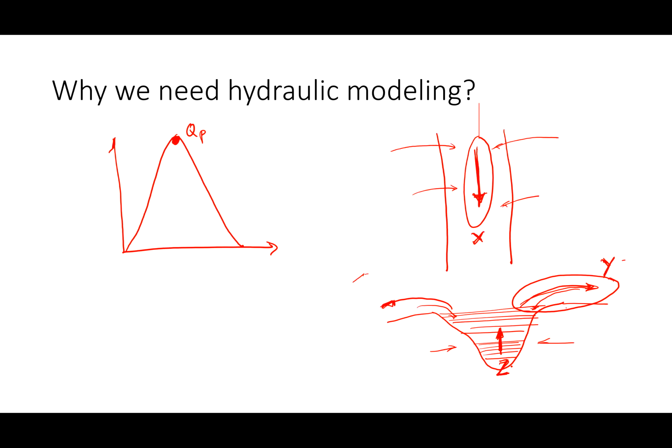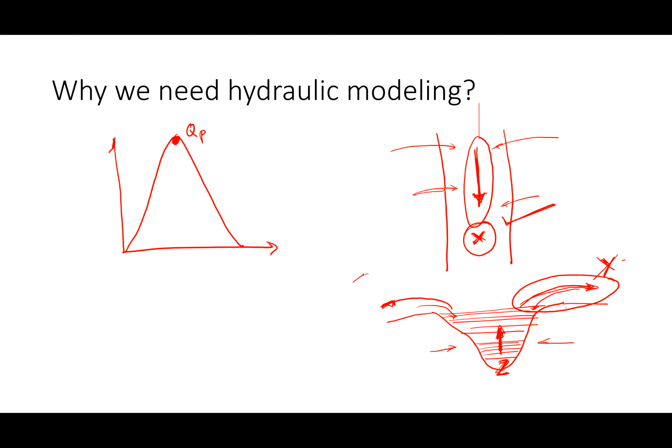But most of the time what we say is that the flow along the x direction is much stronger, so we can ignore the changes in velocity in the y direction. We can ignore the change in velocity and other hydraulic variables in the z direction, and we consider flow only in the x direction. This is true many times when the flow is very high and the water is mainly flowing along the flow direction. So in that case it works.